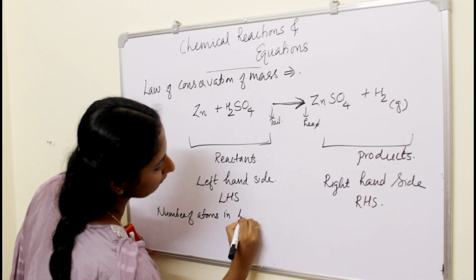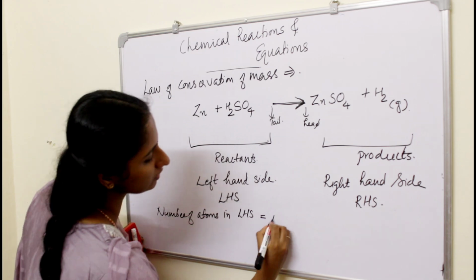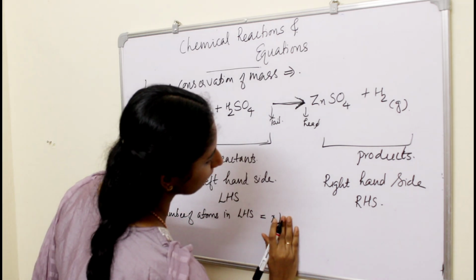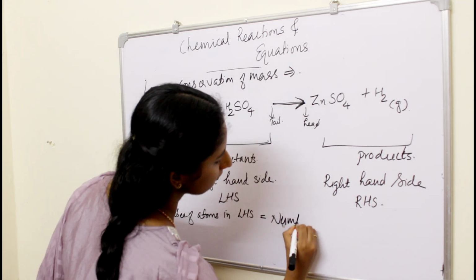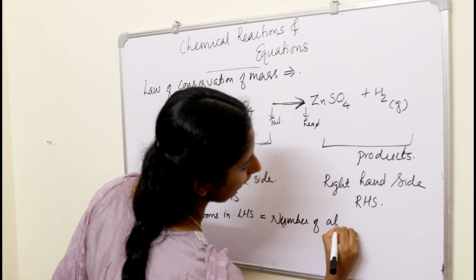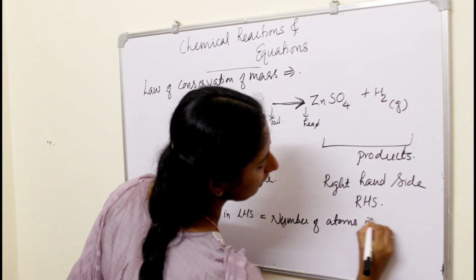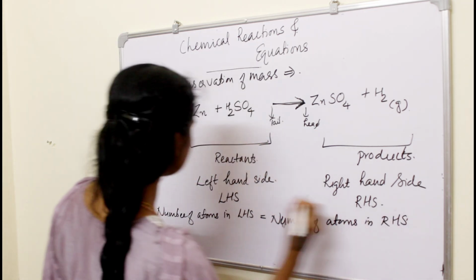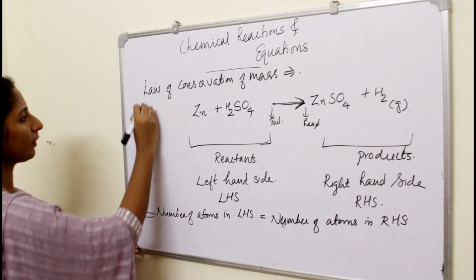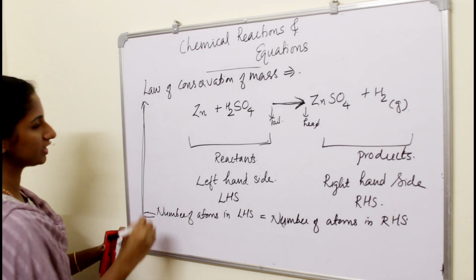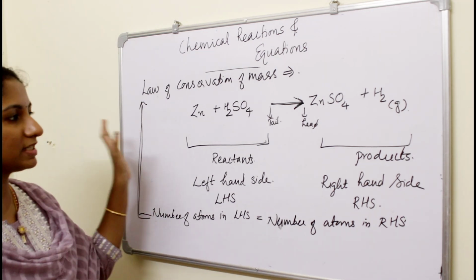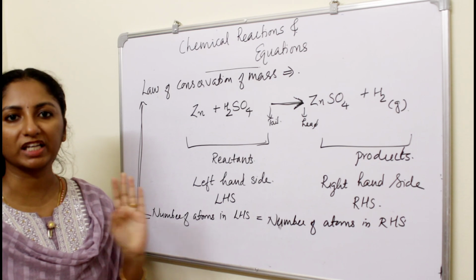Then we can say that this chemical equation is following law of conservation of mass. Then only we can consider that equation as a perfect equation.